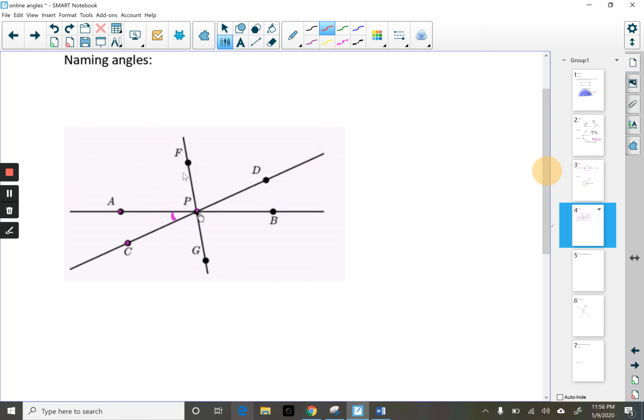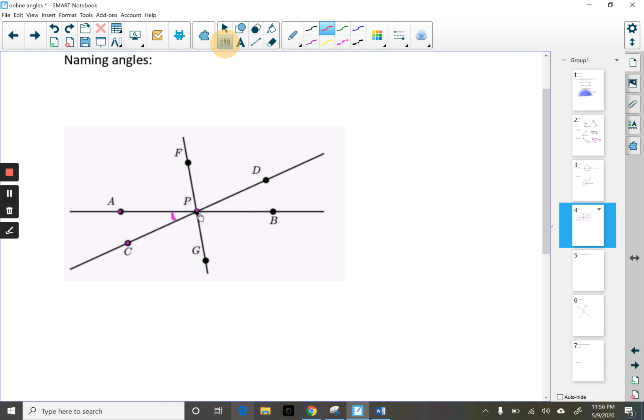And when we are labeling angles, we are almost always going to use capital letters here. Usually you don't use capital letters in math. You use lowercase letters because lowercase letters stand for variables. These are not variables. These are actually points on each of our lines.